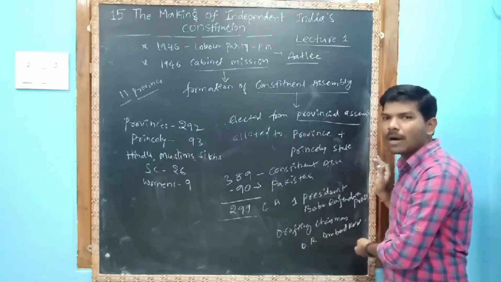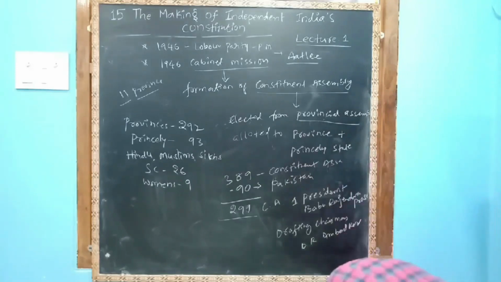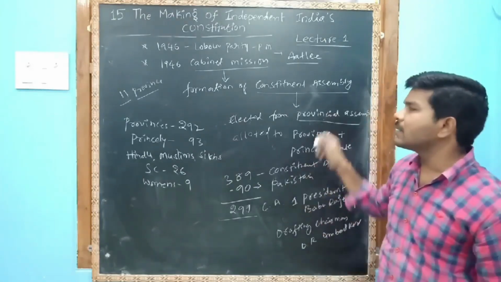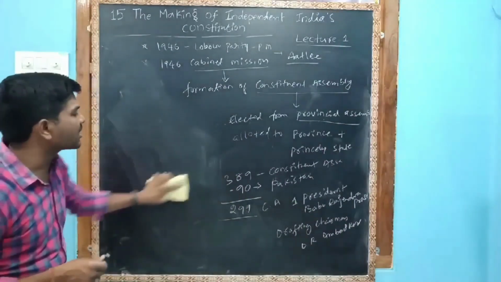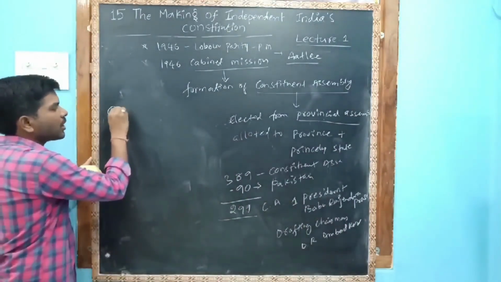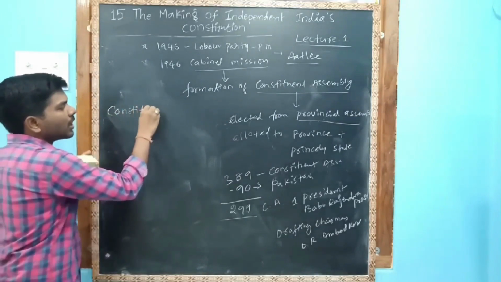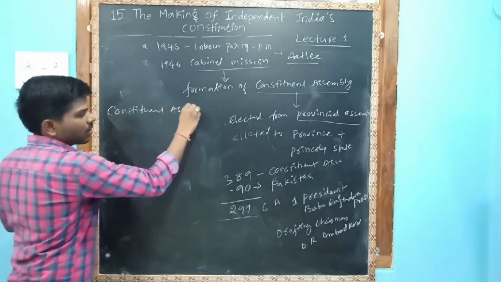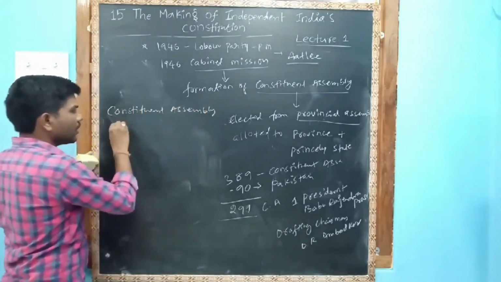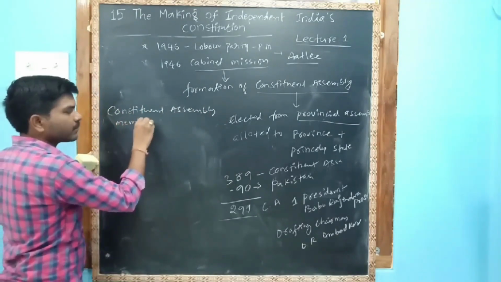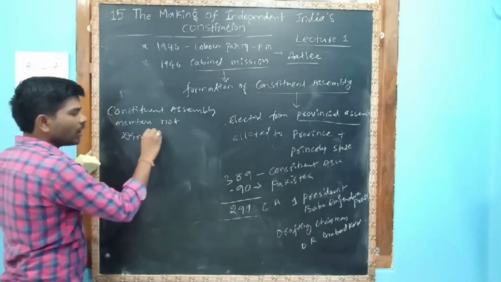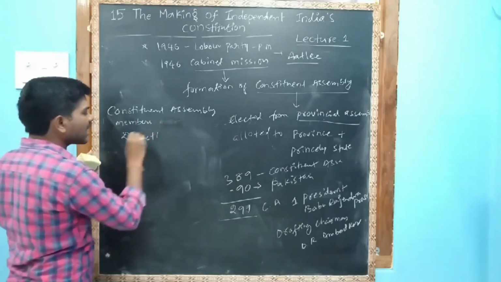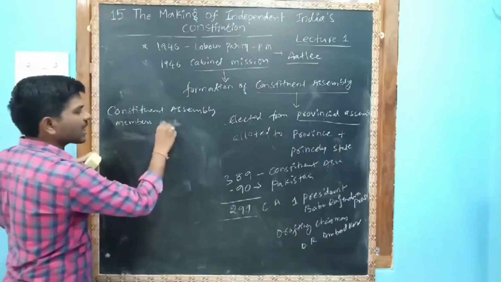You have to understand that the Constituent Assembly members were not directly elected. Not directly means the members were indirectly elected.